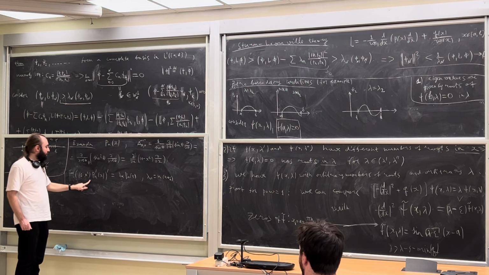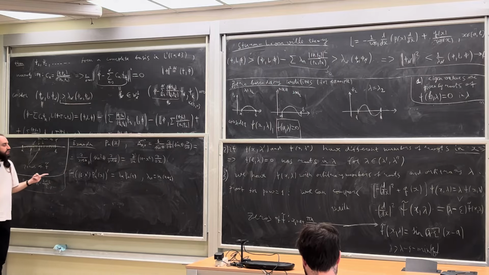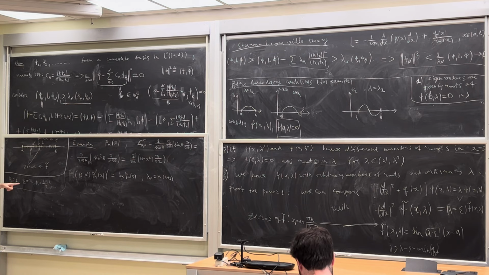I will go to ask the first question. So we have this second order differential equation, and we know its solutions. But we know only one solution for a given eigenvalue, and we have proved that if we respect these boundary conditions, then it should be the only solution.